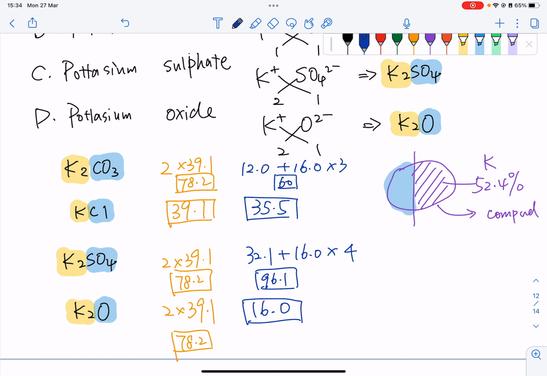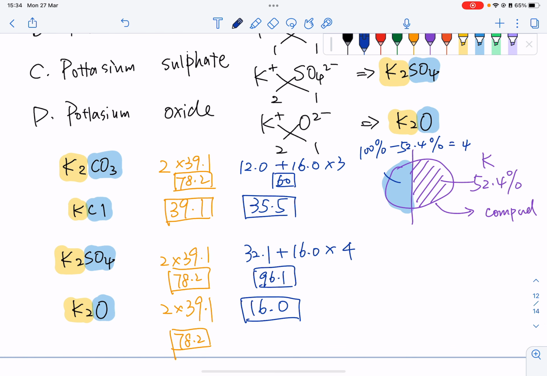Let's think about the blue color, the rest of the mass. Will it be greater or smaller than potassium? It should be 100% minus 52.4, which is 47.6. So 47.6 will surely be less than 52.4.